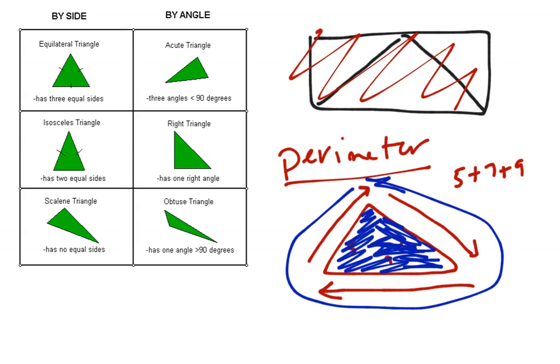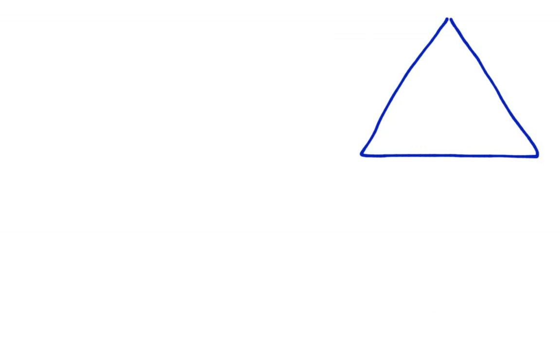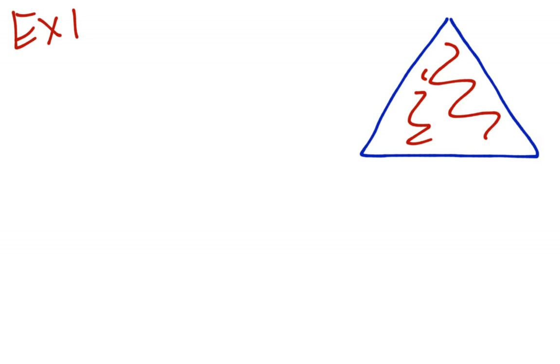Okay, let's do some sample problems. Okay, example 1. They give us a picture, and this is actually supposed to be a sail, like a sailboat. So it's got a nice pretty design on it. And they give us some dimensions, 171 inches on that side, 159 inches.